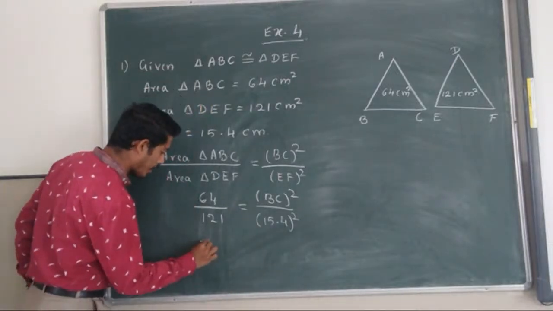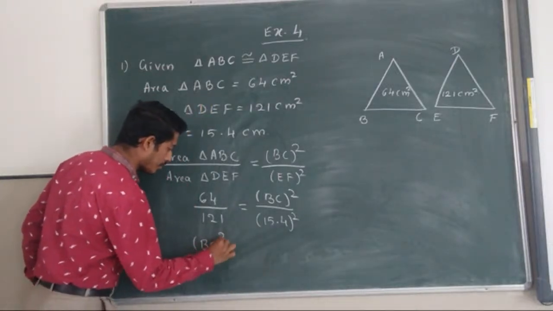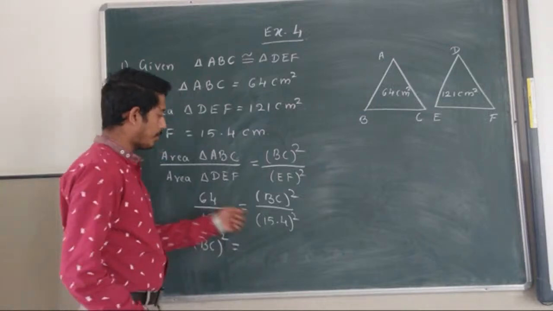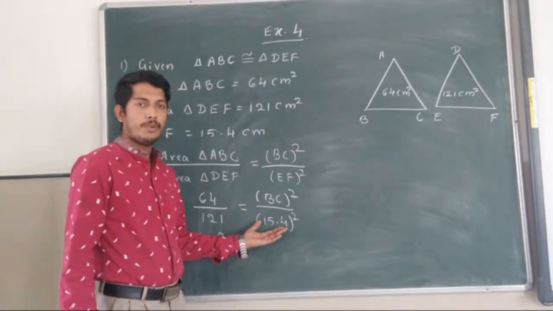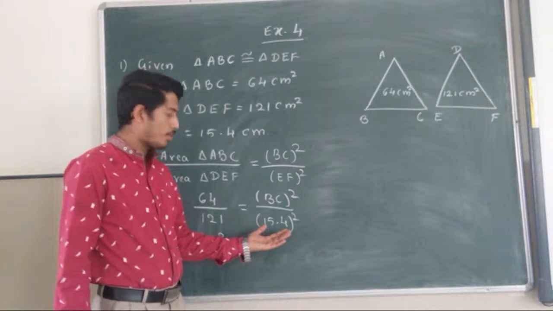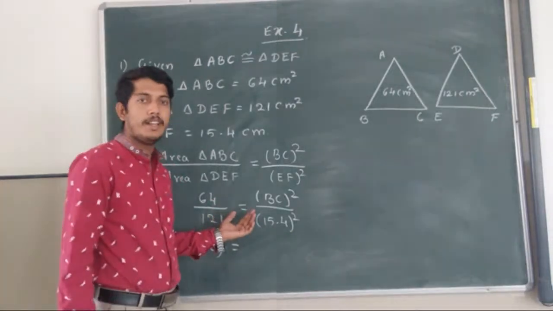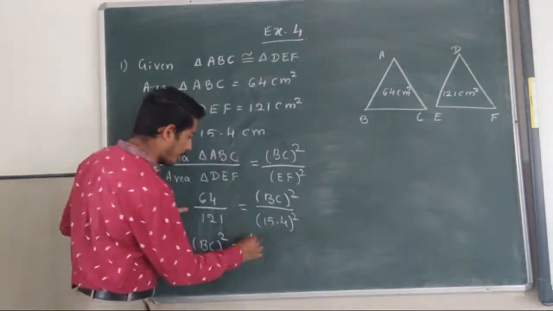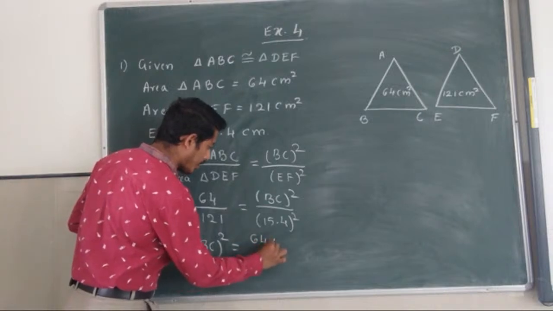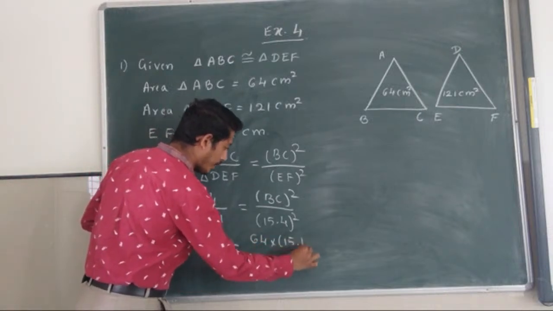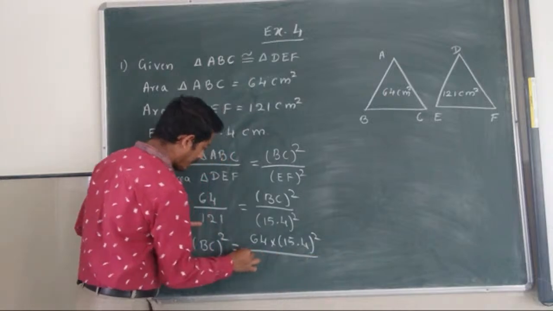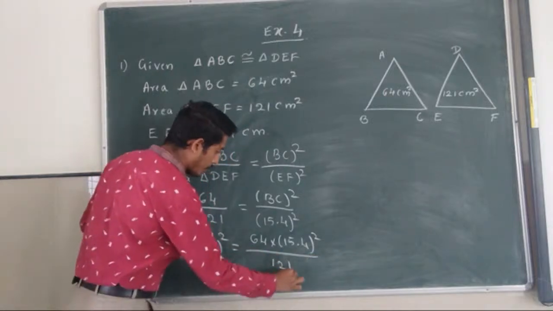So here 15.4 whole square is in the denominator. When it goes to the other side of the equality sign, it becomes multiplication. Therefore BC square becomes 64 into 15.4 whole square divided by 121.